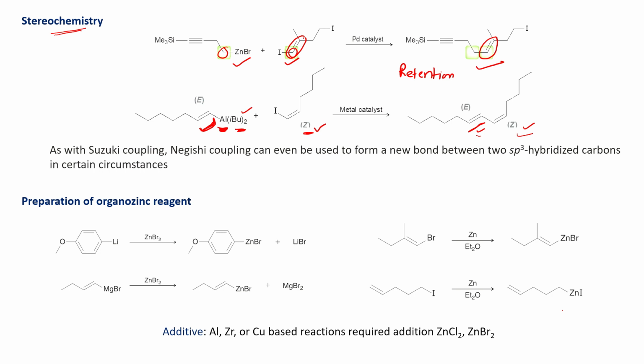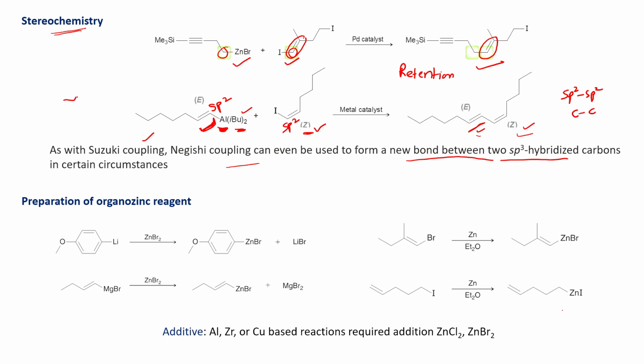Other thing you can see here, an sp2 carbon is reacting with sp2. So you can make sp2 hybridized carbon-carbon bond formation. Unlike in the case of Suzuki coupling, Negishi coupling can even be used to form a new bond between two sp3 hybridized carbon atoms.